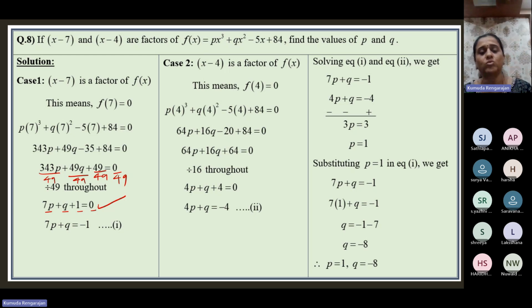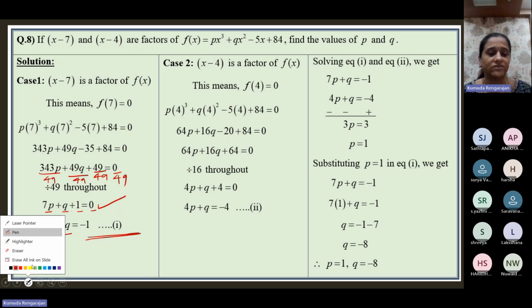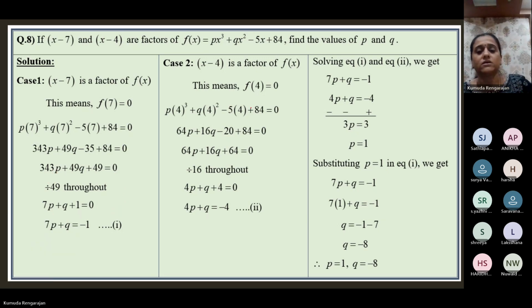Have p and q on one side and take the constant plus 1 to the other side. So this is the equation you get: 7p plus q is equal to -1. Now dealing with the second equation in the same way, you get this equation and you can see 64, 16, 64. All these three numbers are divisible by 16. So divide by 16 throughout.